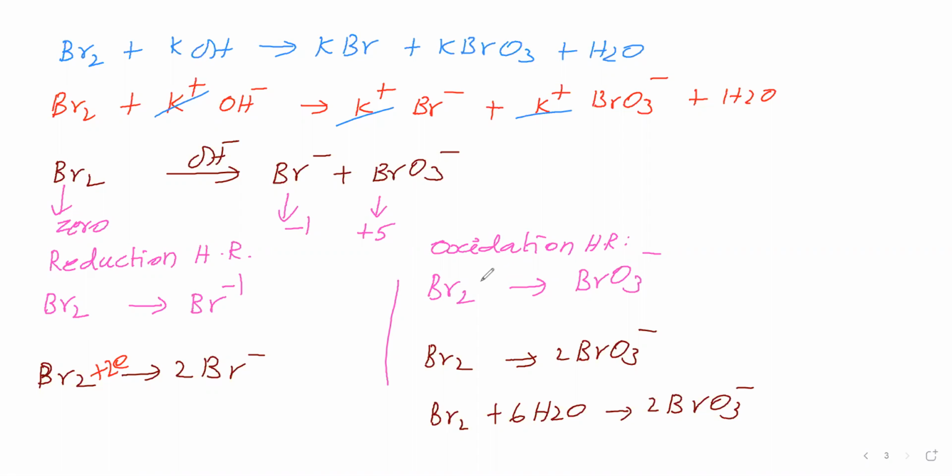Loss of electrons means which side electrons should come? Right side only electrons should come. But how to write right side electrons? We cannot write right side electrons, no? Yes. Because we have not balanced hydrogen. Without balancing hydrogen, we have gone for charge. Sorry. First we will balance hydrogen. Right? Here let us balance hydrogen, then we will go for charge balancing.